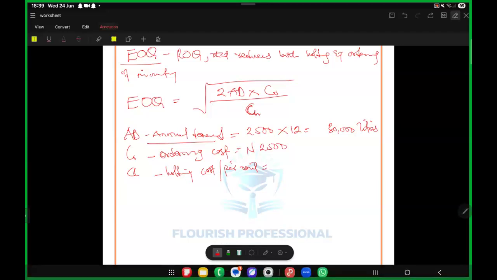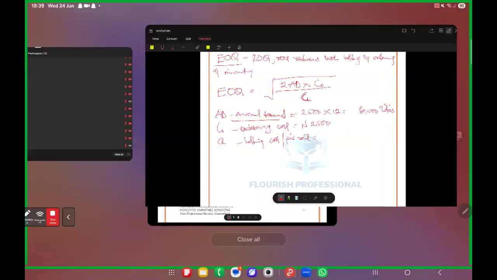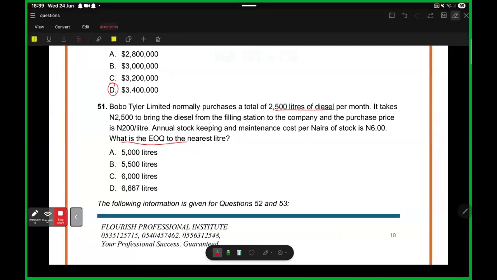Then the cost of holding. From the question, it takes 2,500 to bring this diesel to the company, and the purchase price is 200 naira per liter. That's the purchase price.